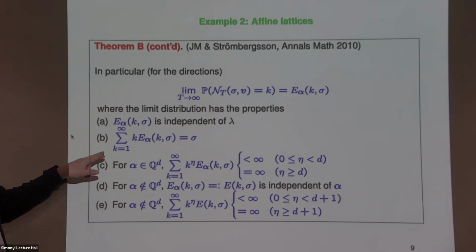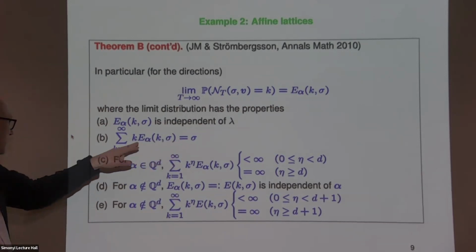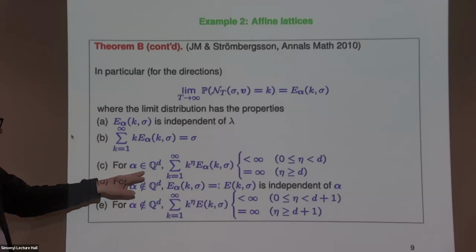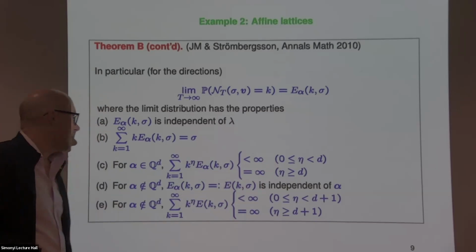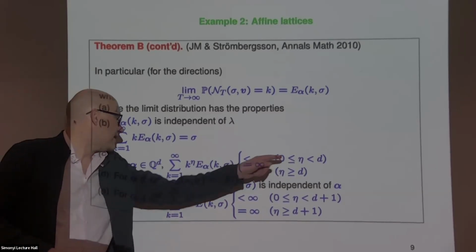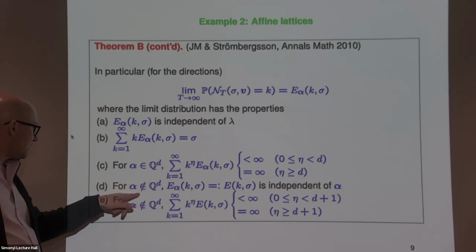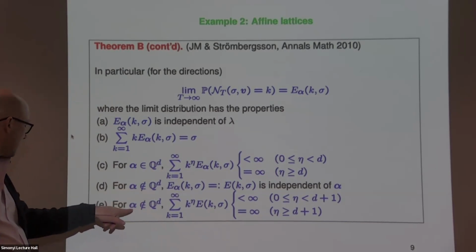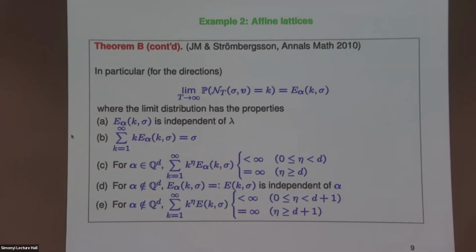So if we're in d dimensions, the expectation value is what we expect from our normalization. If alpha is rational, we get moments up to d, so the dth moment diverges. And if alpha is irrational, we get a few more moments. So that's an interesting phenomenon where we get one power higher. Just keep that in mind for now.